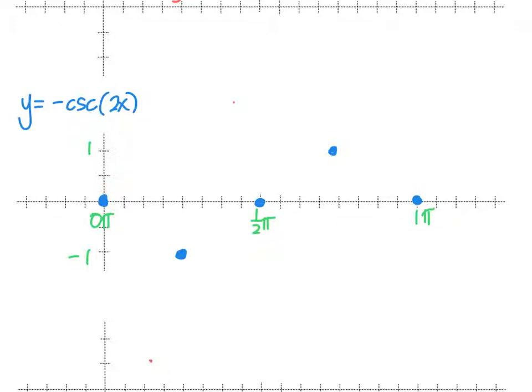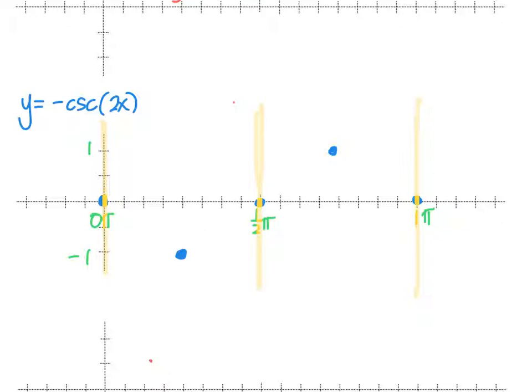And so our asymptotes are going to, again, be where the zeros are. So the first 0 becomes an asymptote, and the second 0 becomes an asymptote, and the third one becomes an asymptote. Now this pattern is slightly different. Okay, the first one was at 0.